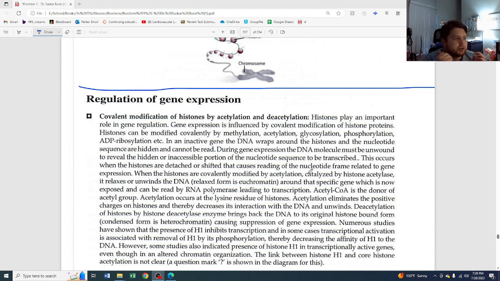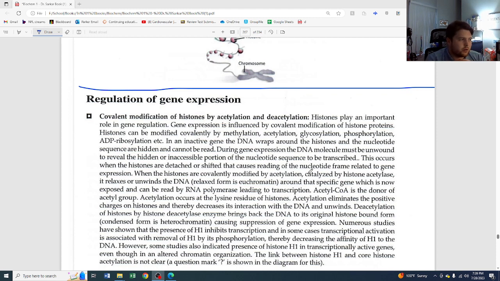So we're talking about the regulation now of the genes, because some genes we want to be turned on at certain points or turned off at certain points. Some we want to be expressed at very specific levels, and so we have to have a way to properly regulate and control all of the genes.